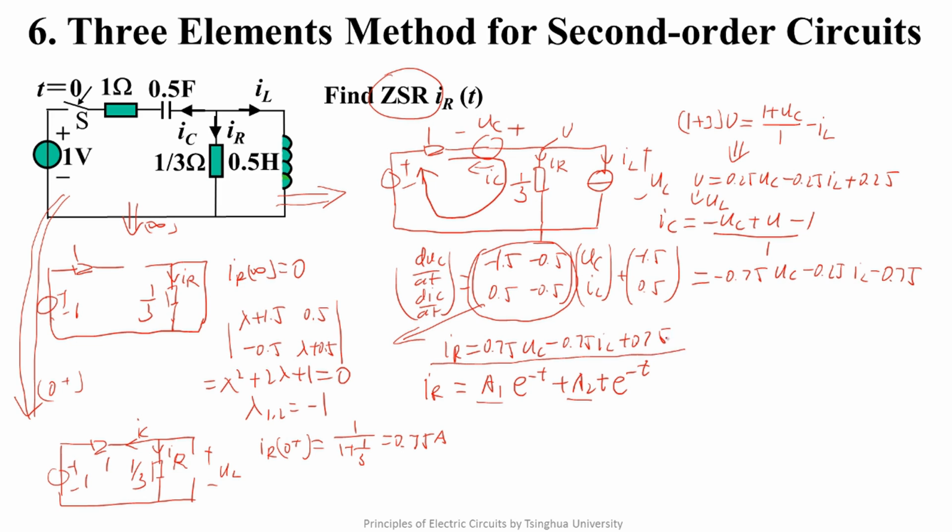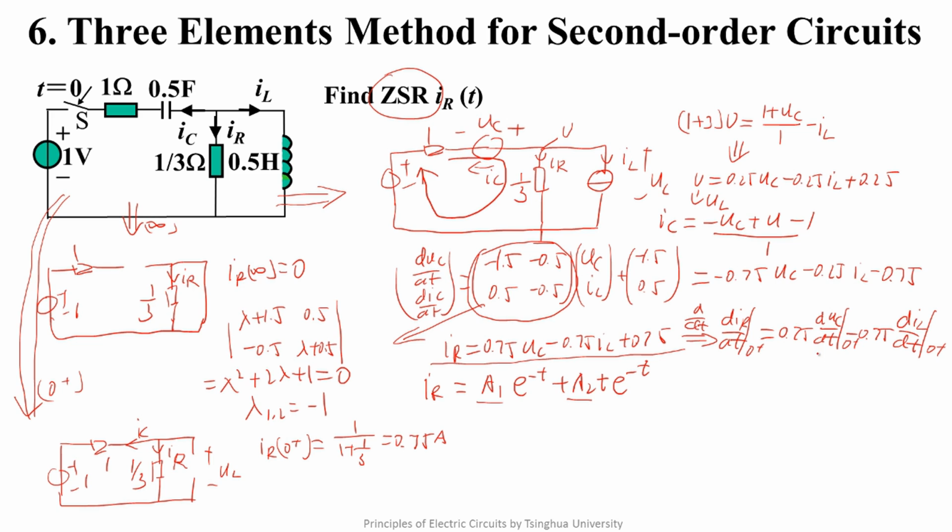In order to find dIR/dt at t equals 0 plus, we need to use the output equation and differentiate the equation. We know that dIR/dt equals 0.75 times dUC/dt minus 0.75 times dIL/dt. We find the 0 plus value for the two sides of the equation at the same time.